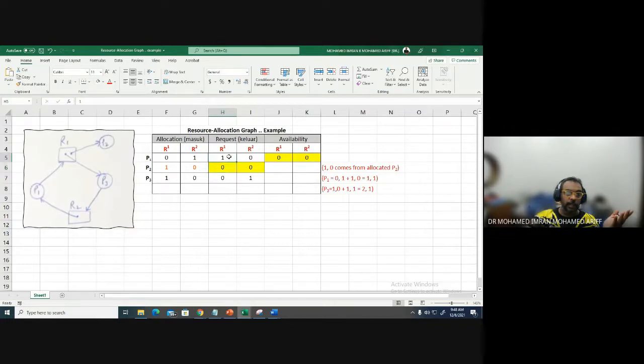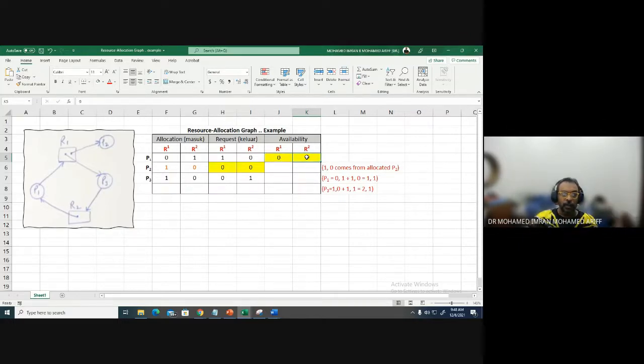So you get here. P3 dia bagi keluar 1 kepada R2. Itulah sini. Okay. So now 0, 0 kat sini. Kenapa dia 0, 0? Sebab semua resource dah penuh dah. So that's why dia kosong and kosong.